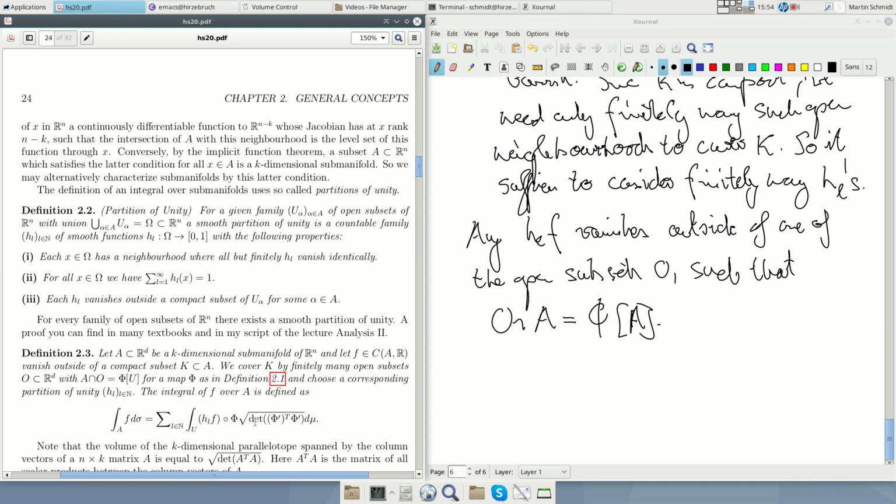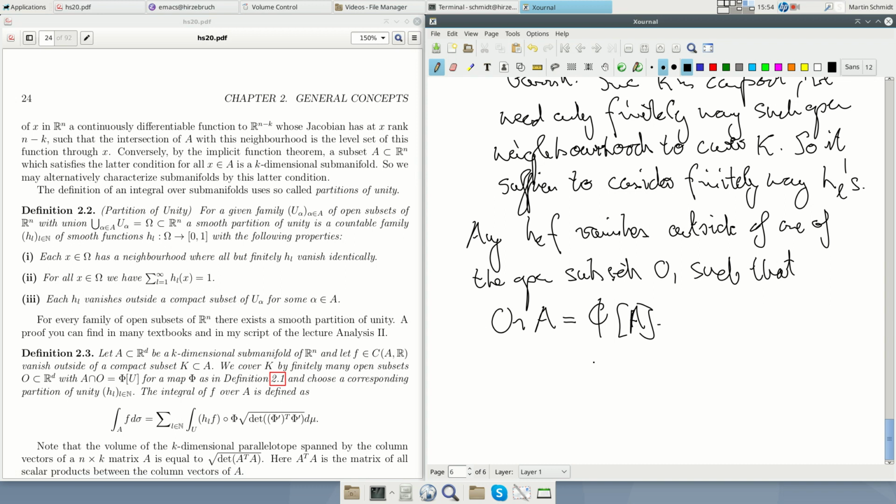It should be exactly the corresponding map phi and the corresponding domain of definition U, such that H_L f vanishes outside a compact subset of this. And then we take this function here, H_L f composed with phi.